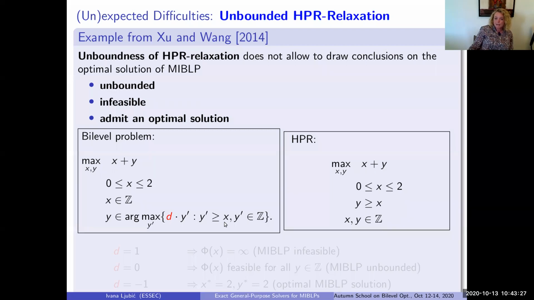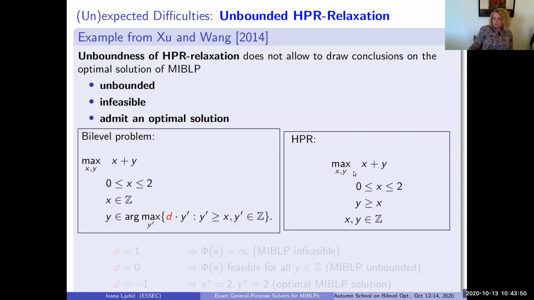Okay? If we formulate now this problem as a high point relaxation, then we take the constraints from the leader and from the follower, and we impose the integrality conditions. So you maximize x plus y, where y has to be greater than x, and x is between 0 and 2.